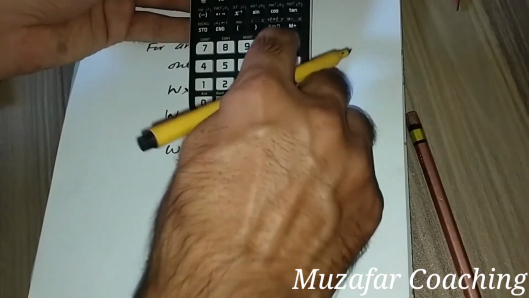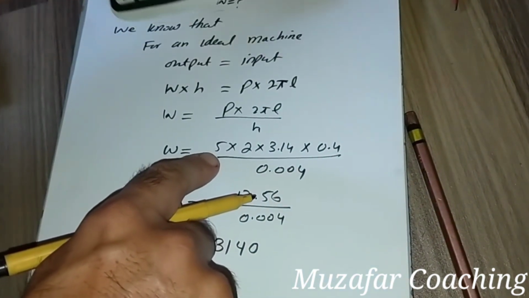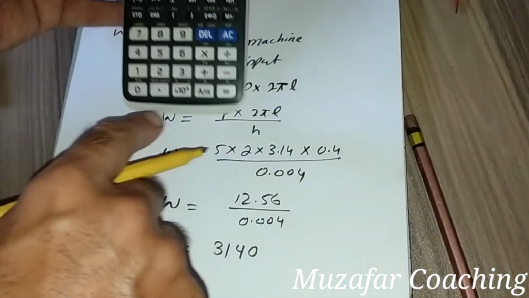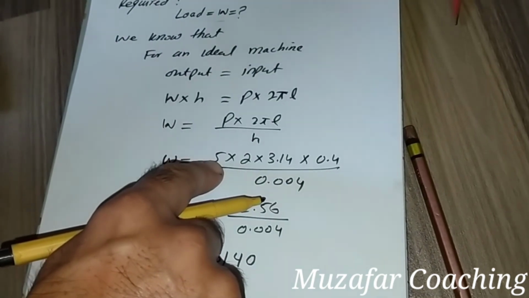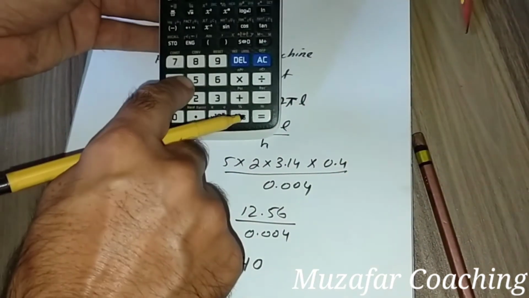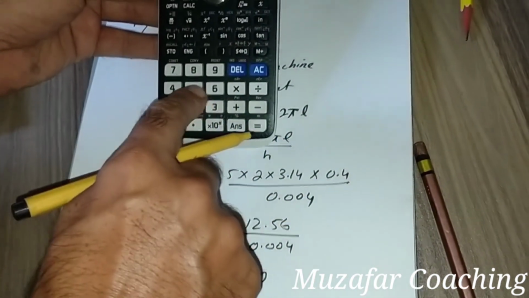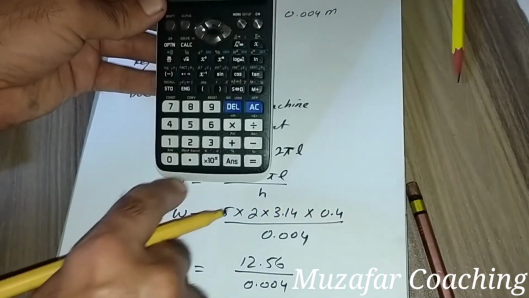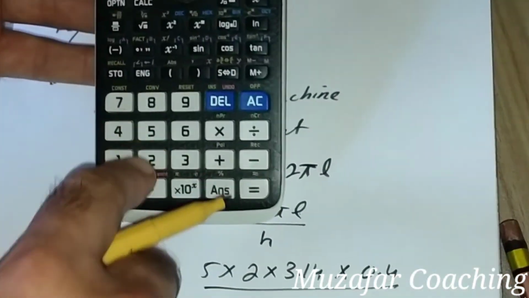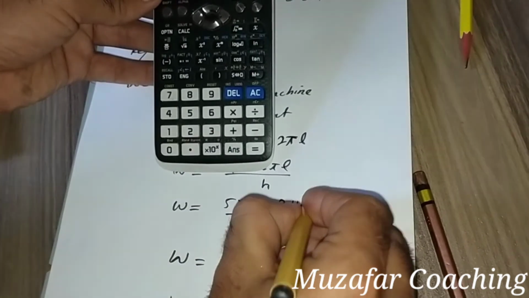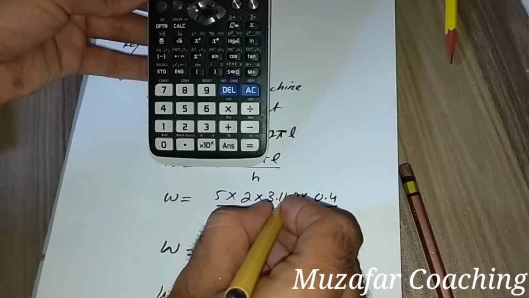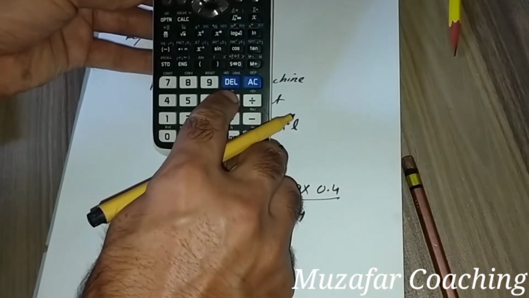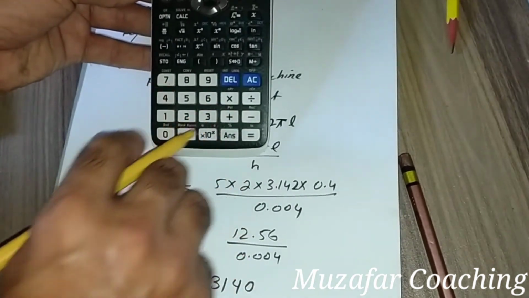Again I am calculating it for you. We are given 5 Newton, so 5 multiplied by 2 multiplied by 3.142, as the exact value of pi is 3.142, multiplied by 0.4.